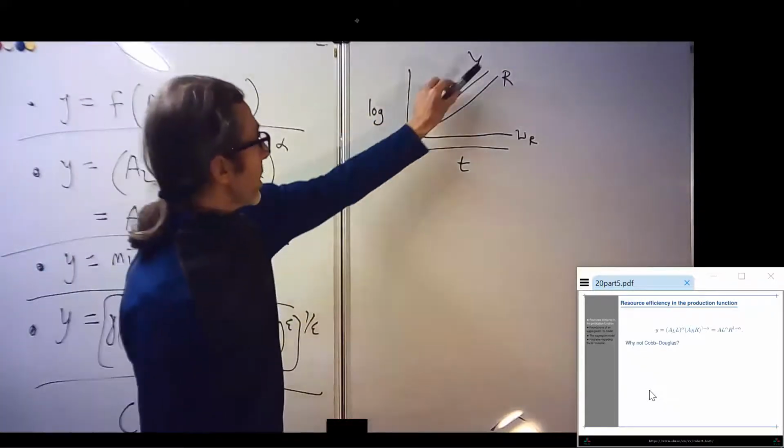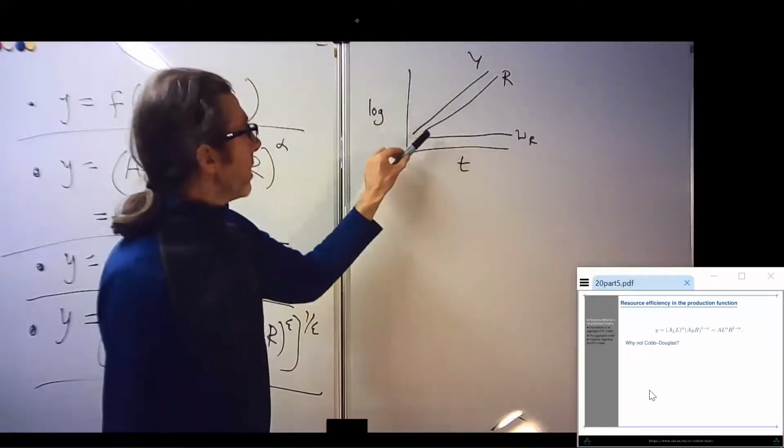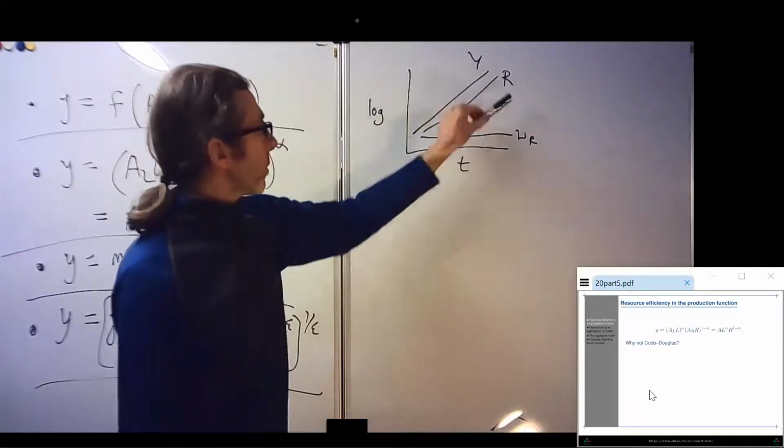So Y is the total value of everything we produce. WR is the resource price. R is the resource quantity.